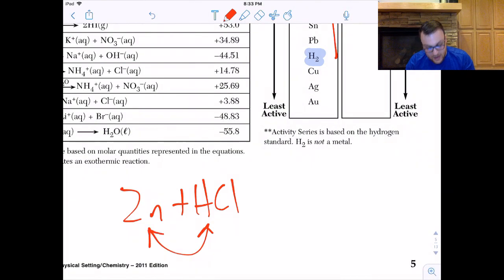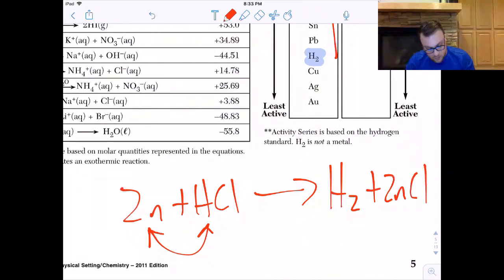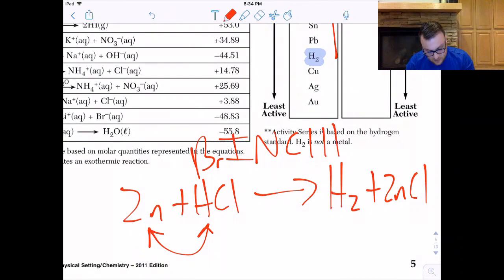Why is it H2? When you chemically react things, always remember that these are all diatomic. They are always two when they are alone in a chemical reaction. Then for zinc, check your charges.